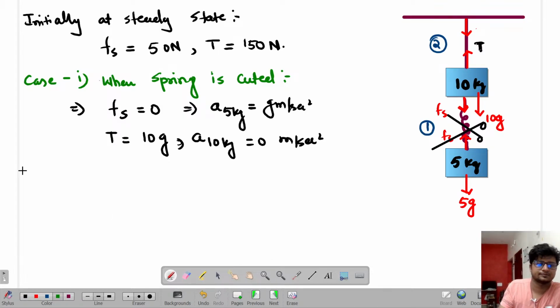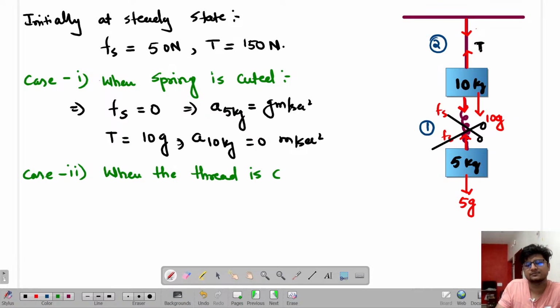Case 2. When the thread is cut, then what will happen? When the thread is cut, first of all, what force will become 0?